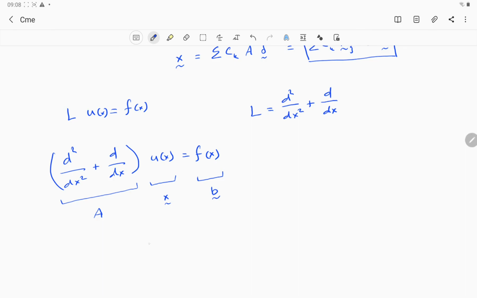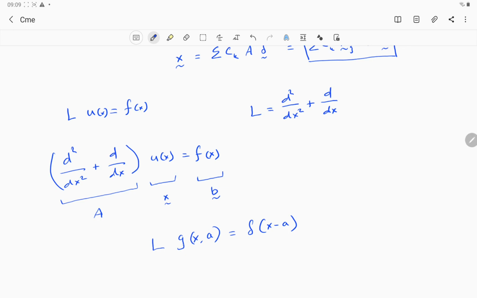What we will do is L acting on ug, instead of ug we will just directly put g for Green's function, g of x, and in the place of k I will just put a, which is equal to delta of x minus a, and we will get all the solutions.